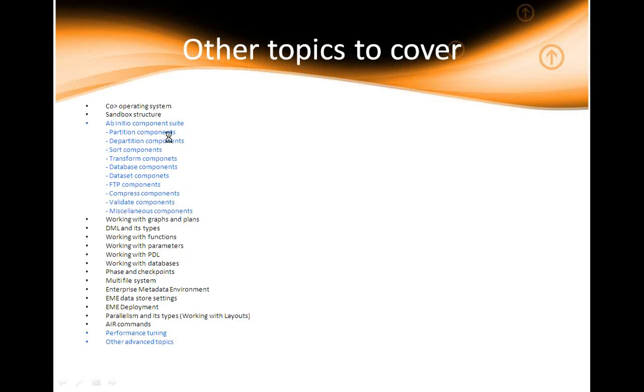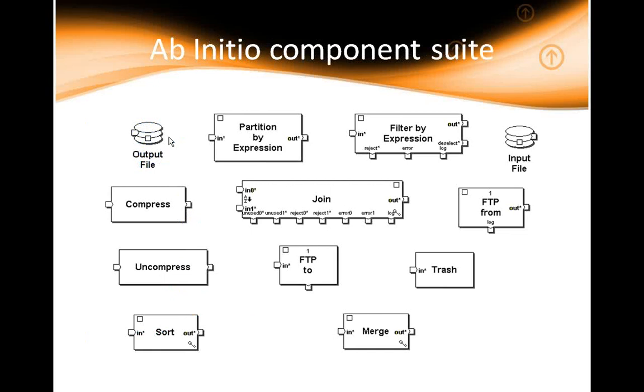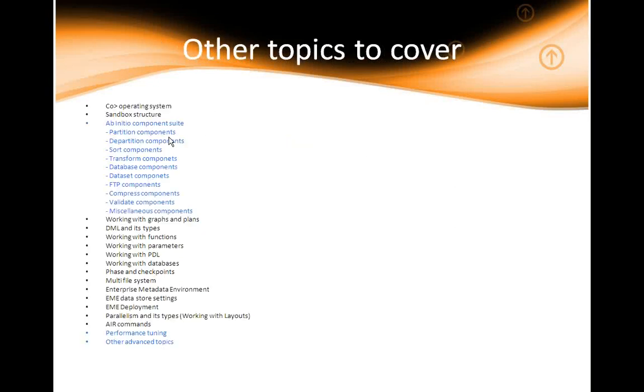The components are subcategorized: partitioning, departitioning, sort, FTP, compress, validate, and miscellaneous components. In each set there will be 2 or 3 components, and we will be dealing with each. And working with graphs and plans. I have told you we call this a graph earlier.